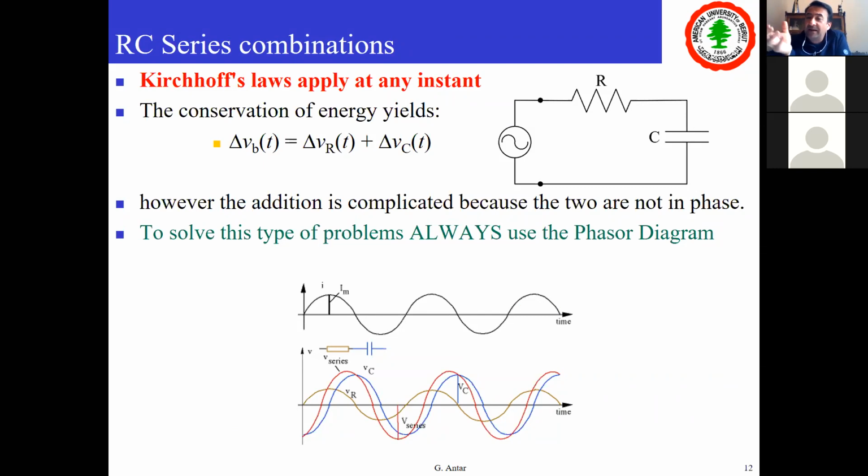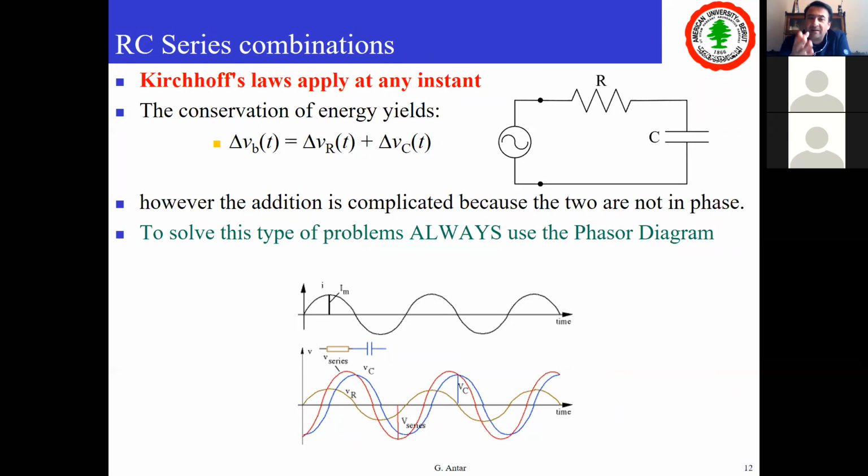And now I'm going to treat the resistor as if it's all alone, and the capacitor as if it is all alone. But the problem comes in the following: the resistance does not add any phase to my signal.